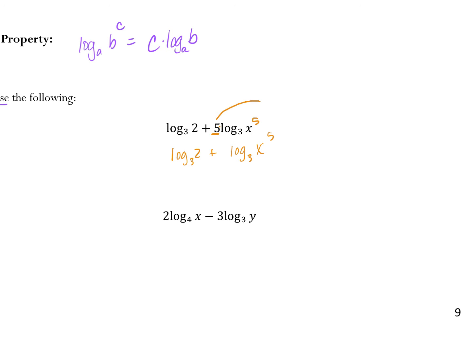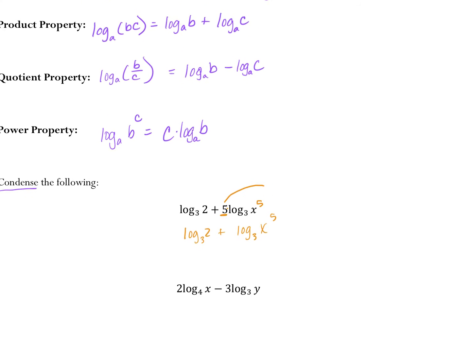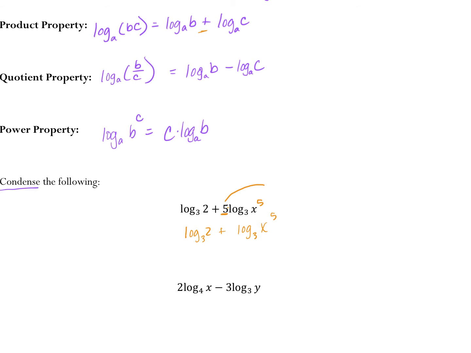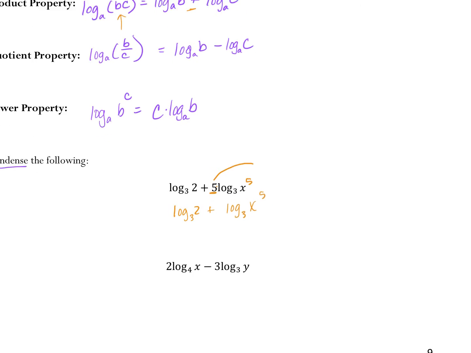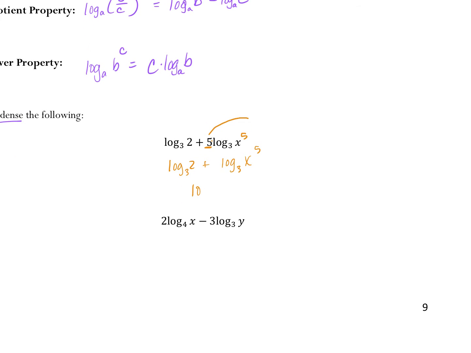Now, what did plus imply? That means we're adding exponents, which means we have a product. So if I take this one a step further, I could call this log base 3 of 2x to the 5th.